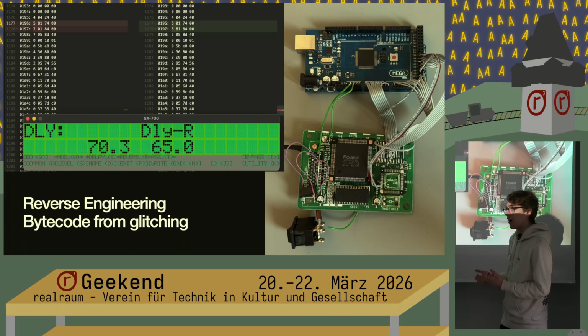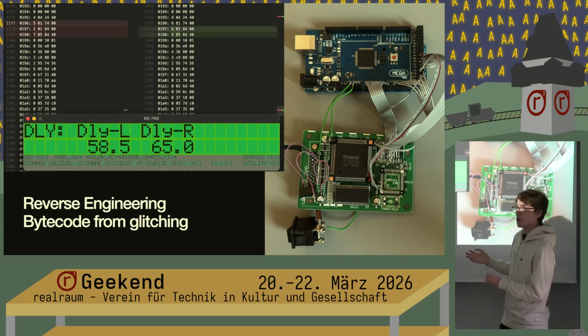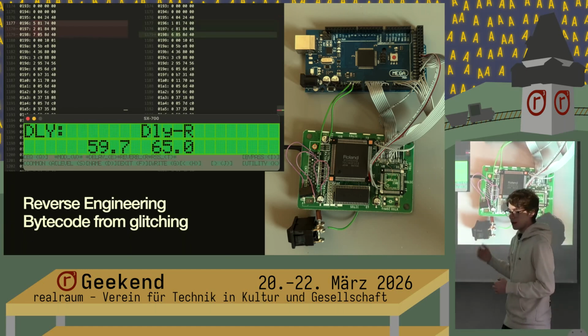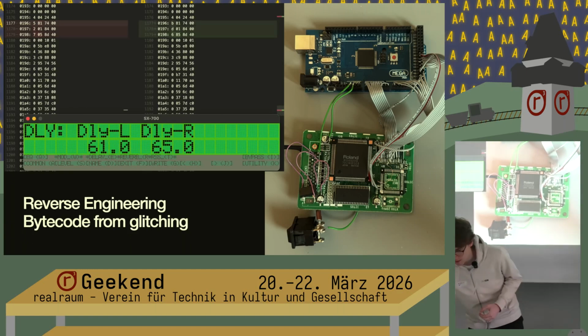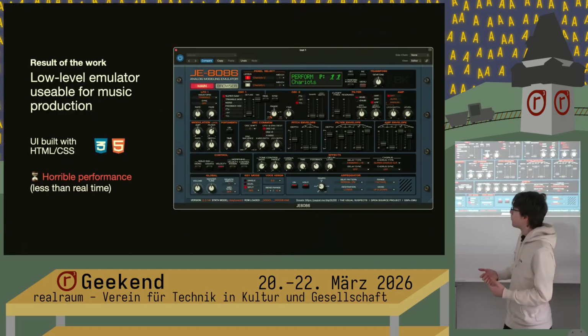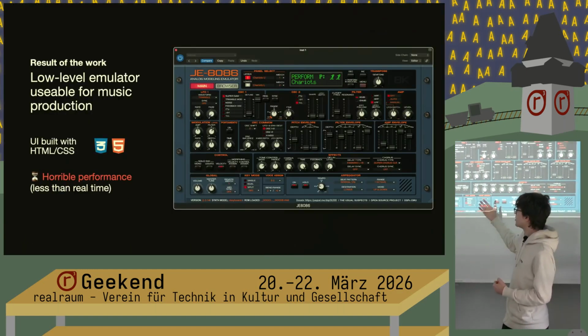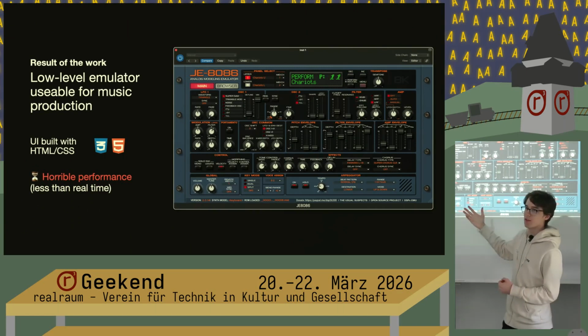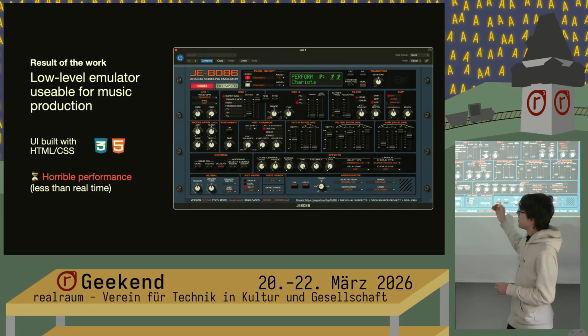That combined approach eventually gave us an emulator. If you want to know more about how we did it, the talk is at Congress. But eventually we ended up with this UI, the emulator packaged as a plugin, which runs the low-level code, and it's quite fast now and usable for music production.